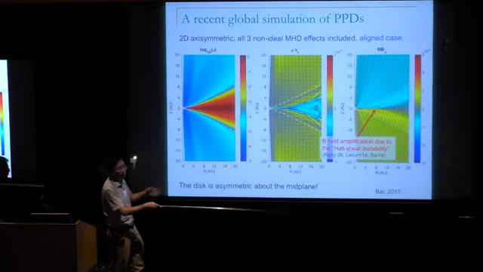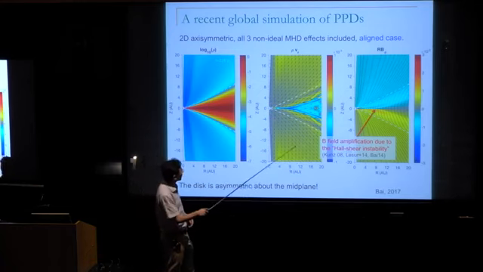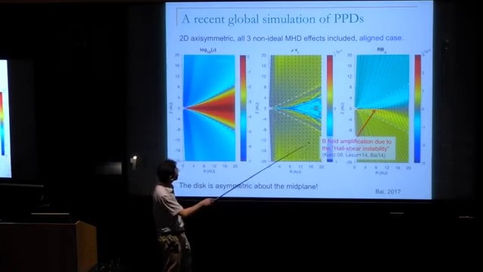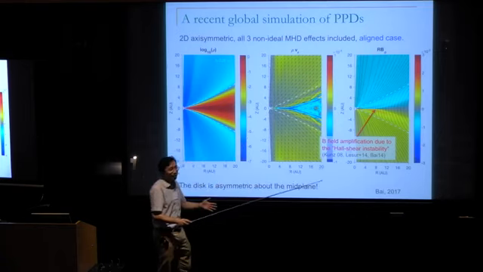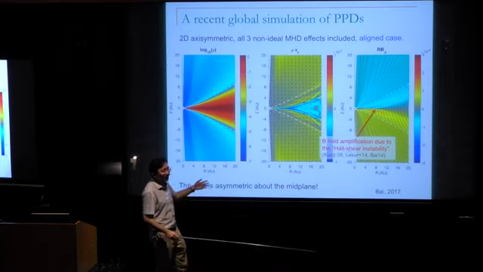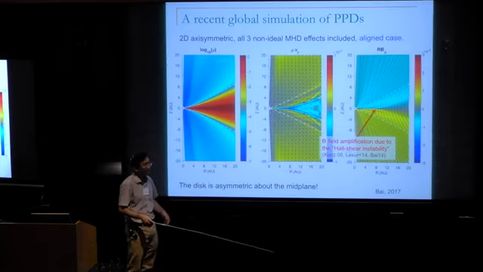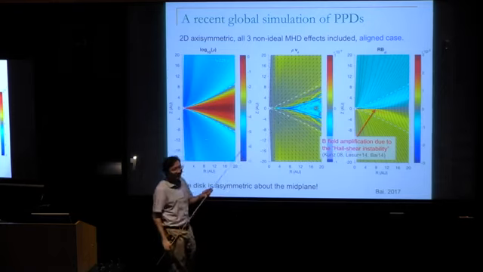It goes all the way to the outer boundary. There's no truncation. I couldn't run the simulation much longer because, say, you have one rotation at r equals 100, that means 1,000 rotations at r equals 1, and I couldn't afford to run that too long. So at least up to this radius, I'm very comfortable.